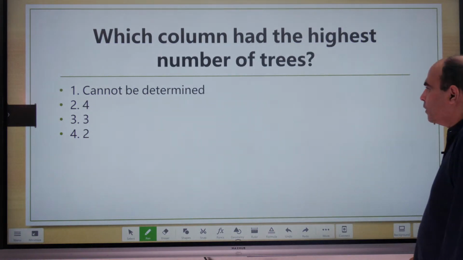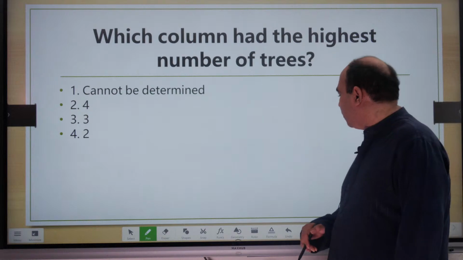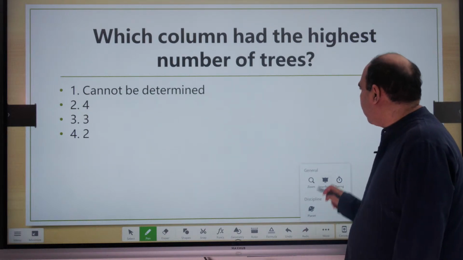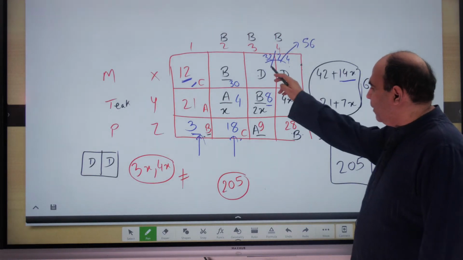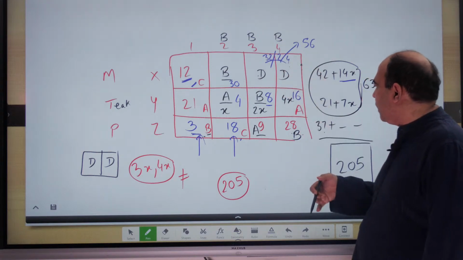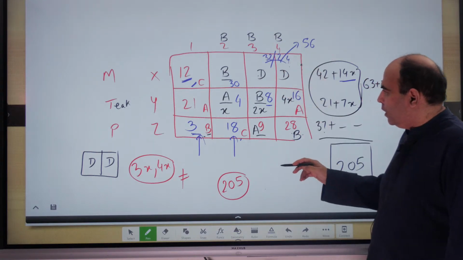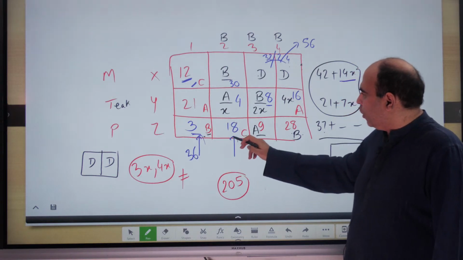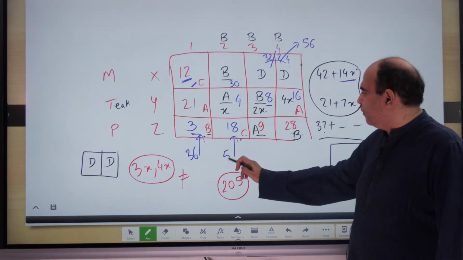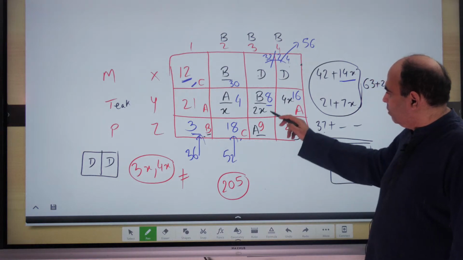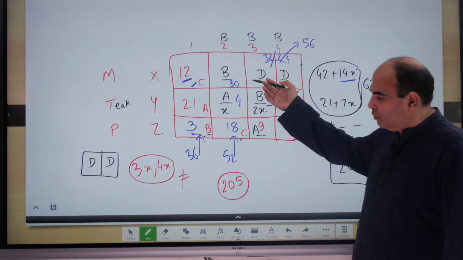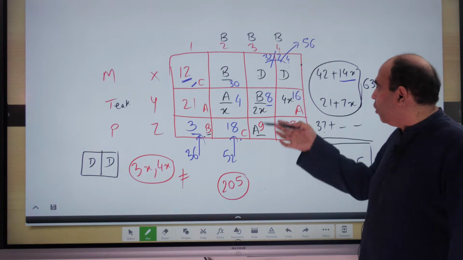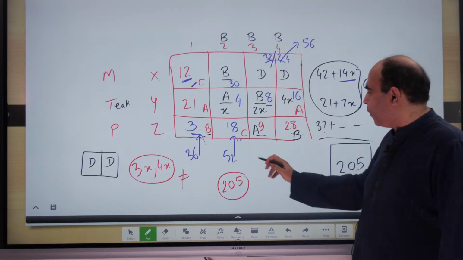And the last question, which column had the highest number of trees? Column with the highest number of trees. So it is not determined how much is what, but if you look at the number of trees in this column, there is 36. In the second column, there is 52. In the third column, 917 plus 32, that means 49, or 917 plus 24, 41.